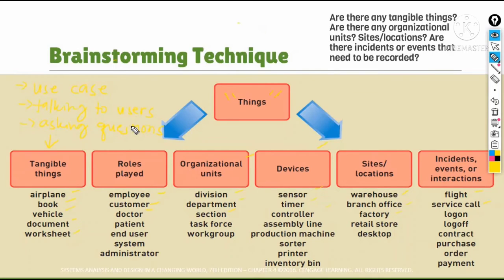For example, for each use case, what types of things are affected that the system needs to know about and store information about?